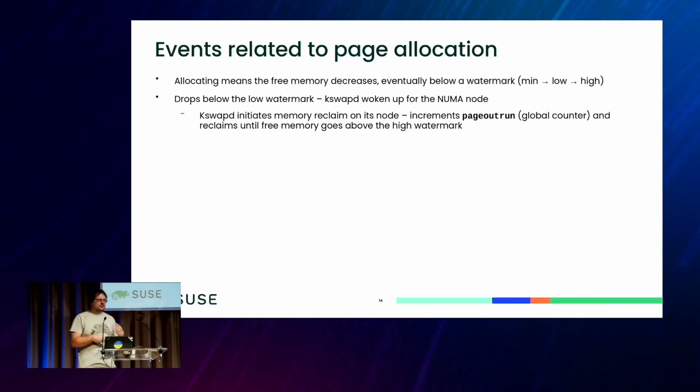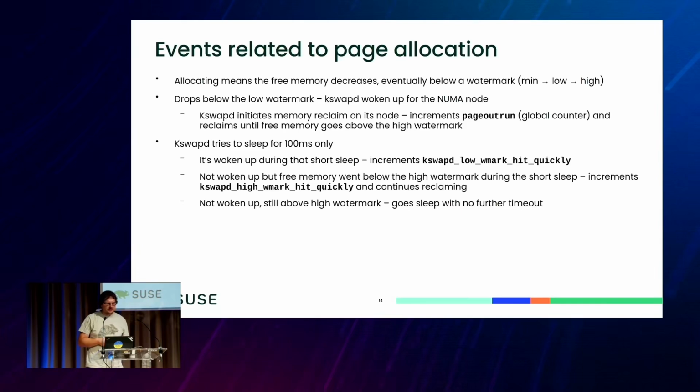And whenever kswapd does its page reclaim run, it increments the pageoutrun counter and reclaims until it goes above the high watermark. So that gives you some insight into the kswapd activity.